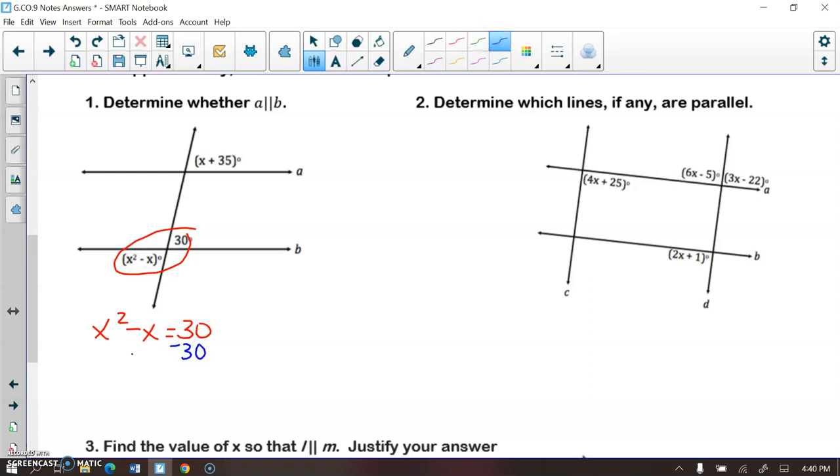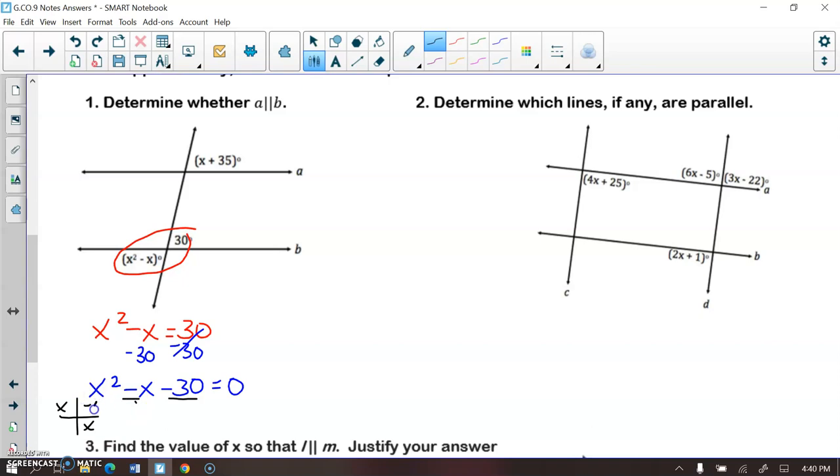Setting this equation equal to 0 because we have a quadratic. Using the box method, two numbers when multiplied together equal -30, but when added together equal -1.